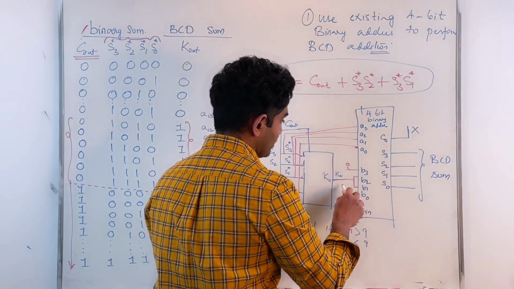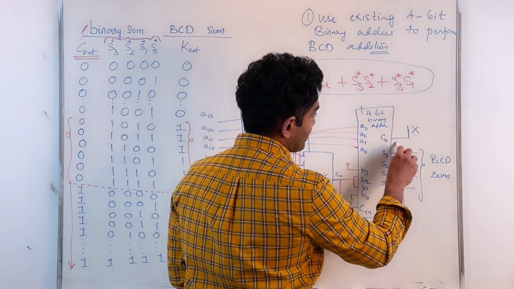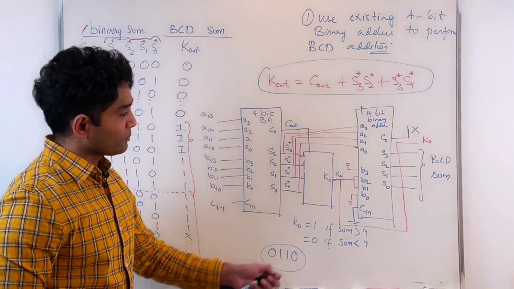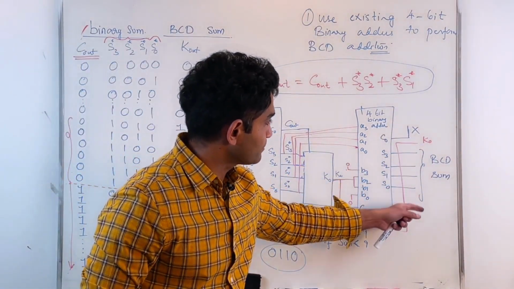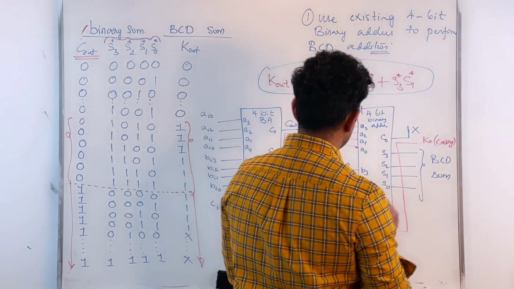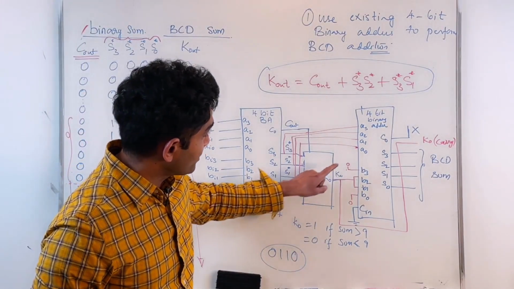So this K0 is what is going to function as your K0. Okay. So that's a carry. That's the sum. Let me call this carry. So you have dual purpose for this K0. K0 can perform both as the control logic as well as the output carry.